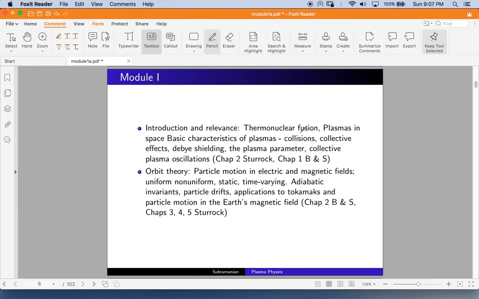Okay, so all of this, when we talk about collisions, when we talk about collective effects, meaning effects of not just one particle or two particles, effects pertaining to a bunch of particles which make up the distribution function. Okay, we will talk about something called Debye shielding. Remember I told you that the plasma is essentially quasi-neutral.